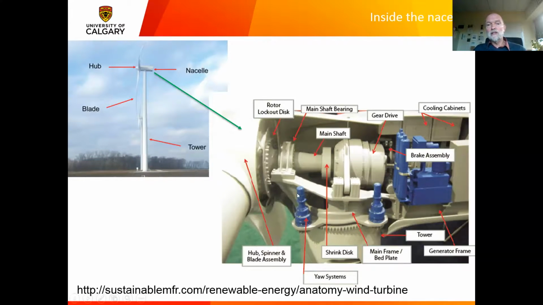And one of the other features that's very interesting that you can see from this diagram here is you can see the yaw drive motors and this gear on the top of the tower that allows the turbine to be driven into the wind as the wind direction changes. So I think that, yes, that is the last slide that I have about what is inside a wind turbine, which you may not have seen before.